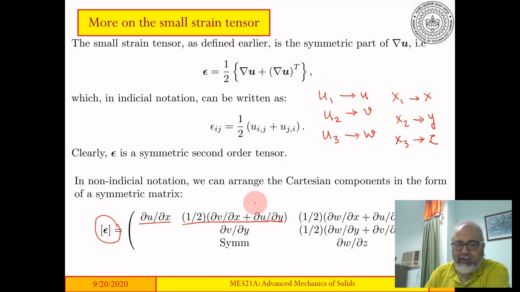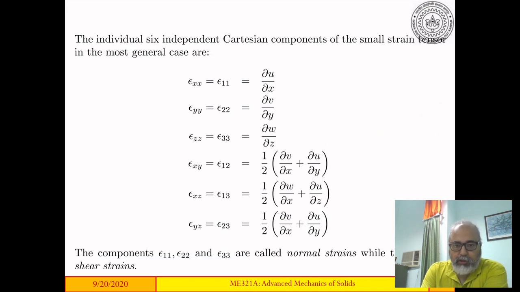So it's a symmetric 3 cross 3 tensor matrix containing the components of the strain tensor in the Cartesian system. Now these are the 6 components which are independent.